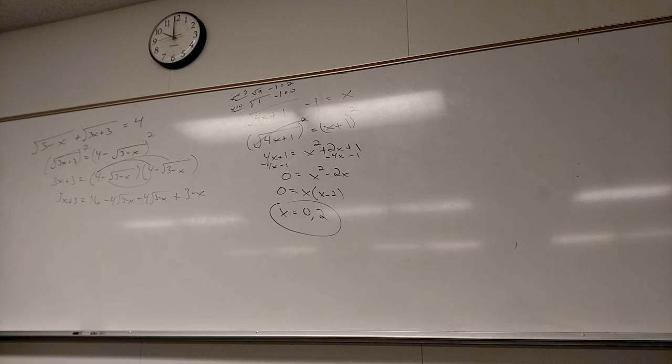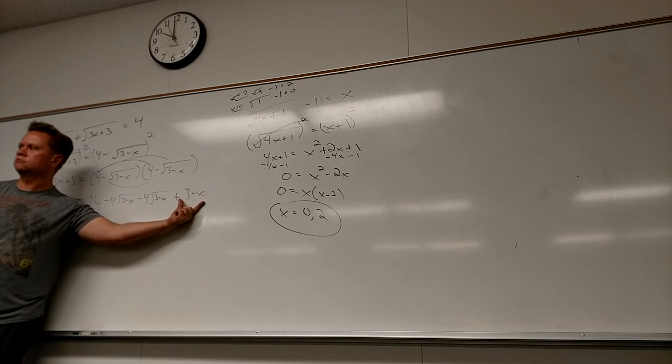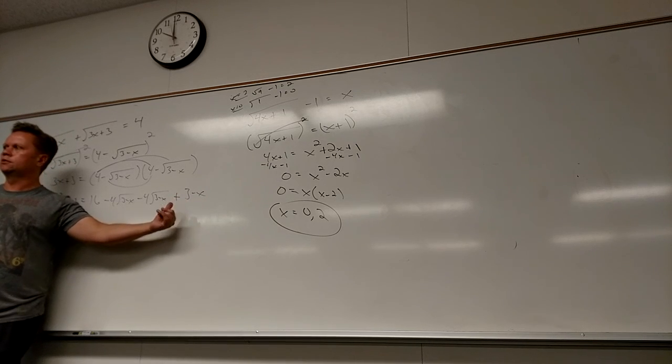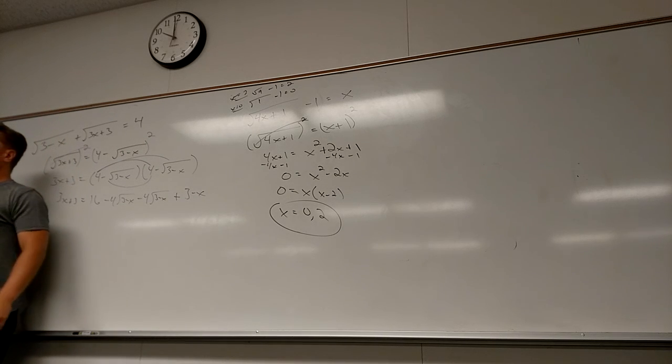Please understand that. Square root of 22 times the square root of 22 is 22. Does everybody get that? So the square root of this thing times the square root of the same thing is that thing. Bam! It makes that so much easier. Don't FOIL this out on the inside and make yourself go insane.